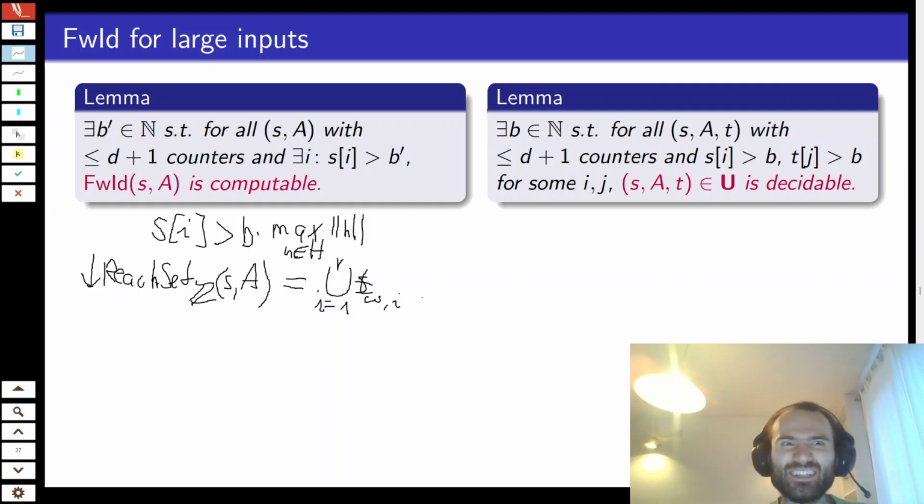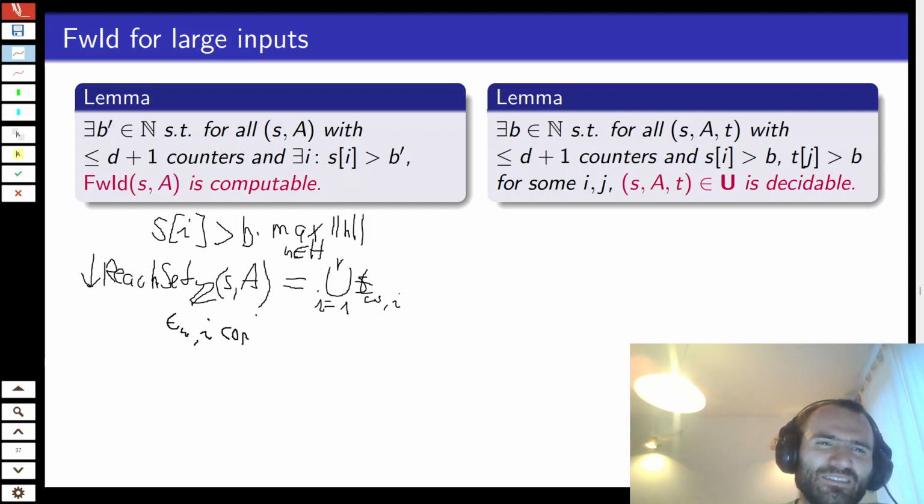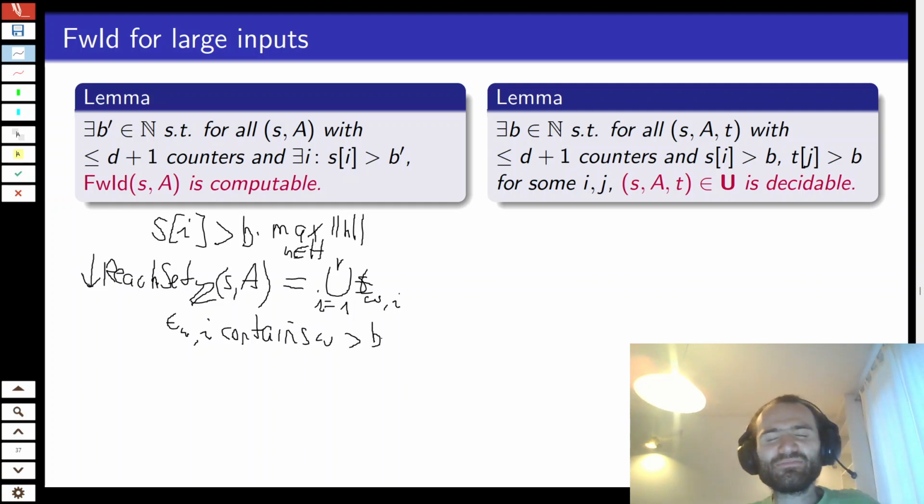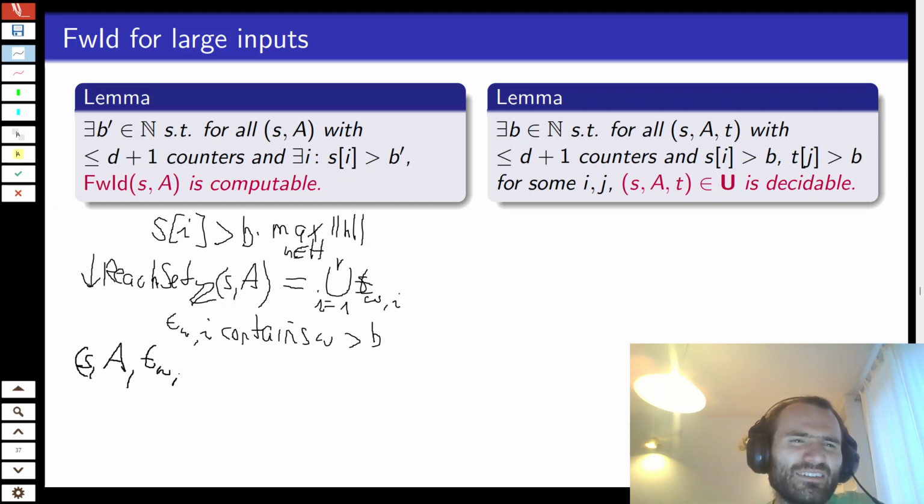Okay, now here comes the mad genius. Okay, so there are two cases. Yeah, so I should say what we want to prove. Well, what we want is essentially to create a pair S, T omega I, such that this T omega I has some large counter.